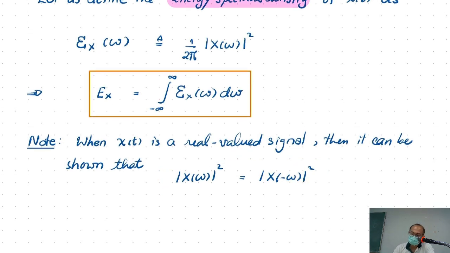So that means the energy spectral density of a real valued signal is also an even function.